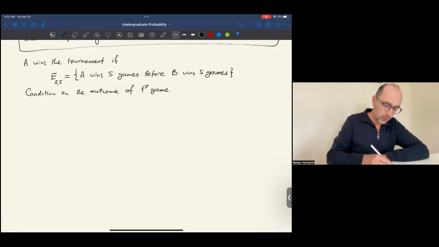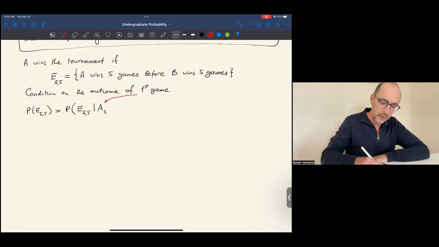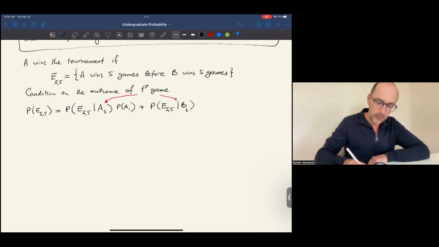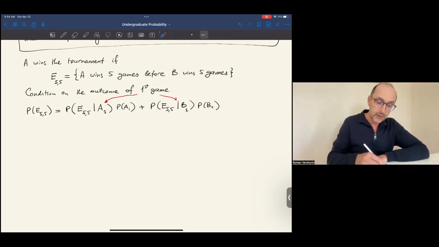Using the law of total probability, we can then compute the probability of E55 as the conditional probability, given that Team A wins the first game, which we denote by A1, plus the conditional probability given that Team B wins the first game, which we denote by B1. Now let's compute all the 4 terms here.